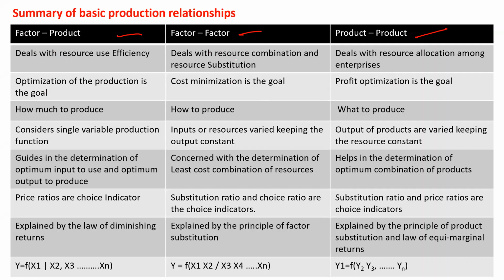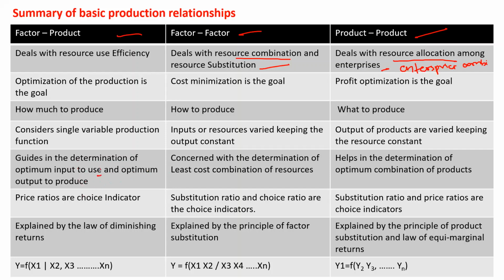In factor we deal with the resource combination and resource substitution, and in product we deal with the resource allocation among the enterprise. Here, enterprise combination, what to produce is decided. Under factor-factor and factor-product we have optimization of production as the goal.